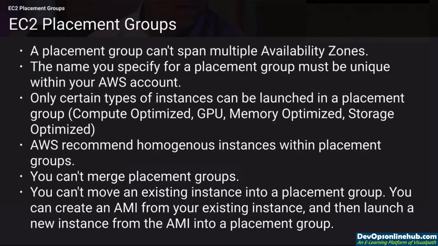So one thing is it cannot span across multiple availability zones. Second, the group name should be unique, whatever you give, and the third is to use homogeneous instances, right? So you cannot have a combination of different types, families, and other things.